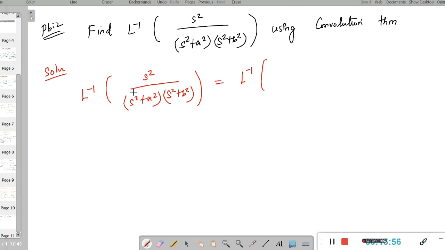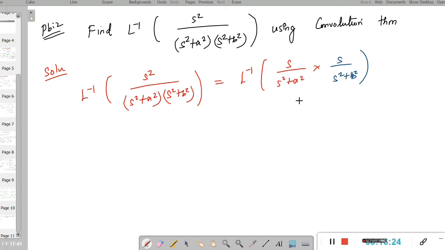Like that, I am going to split this function. So I am going to take s by (s square plus a square) into s by (s square plus b square). So you may have an L inverse for each term. That's why I have split it like this.